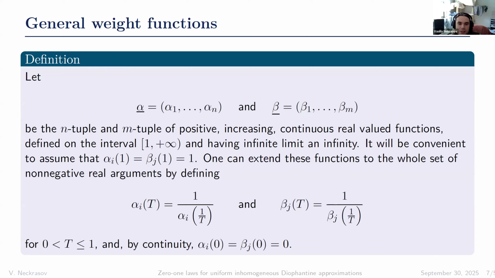So we want to consider tuples of functions, which we denote alpha and beta. With some restrictions, they are increasing, they are continuous. They have a technical condition that their values at 1 is 1, but it's, again, pretty technical. And what is probably the only real important condition is that these functions, let's say we can define them for the interval from 1 to plus infinity, and then we can use convolution to define them for small values of t.